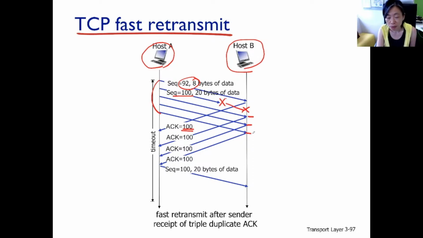All the subsequent packets just trigger the receiver to send the same ACK back to back. So the sender here receives the first ACK for 100, and then this is the first duplicate ACK, the second duplicate ACK, the third duplicate ACK. And this is when we begin retransmitting the first, the smallest sequence number that is unACKed.